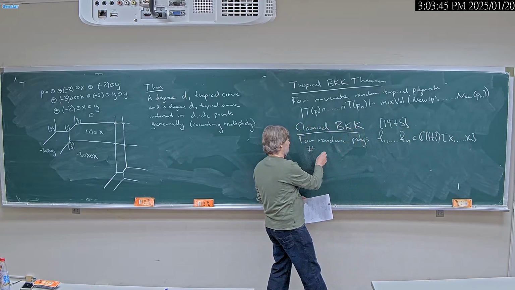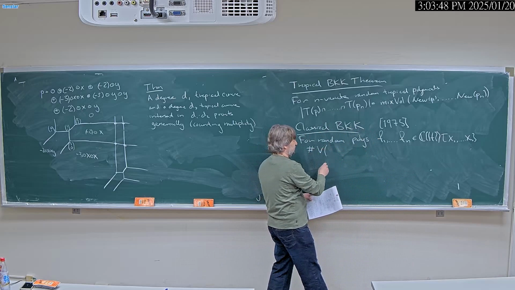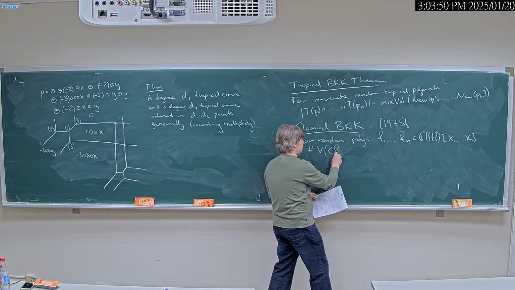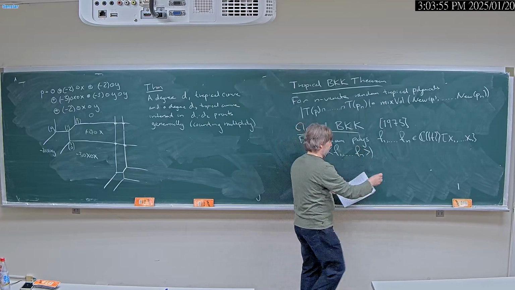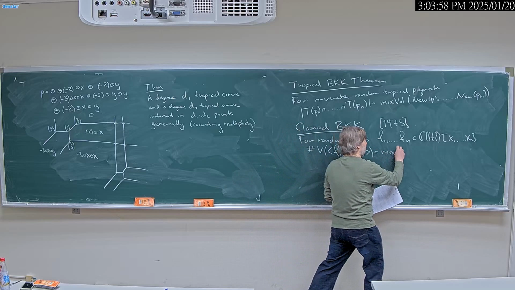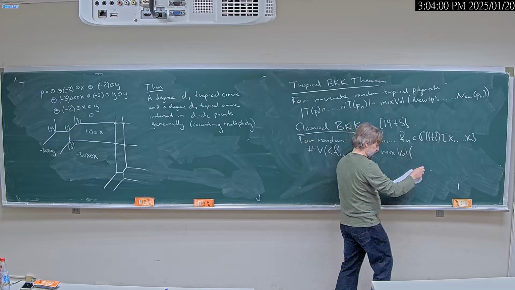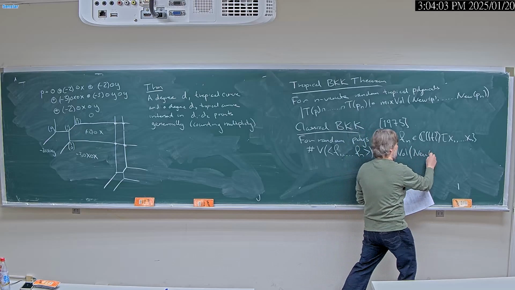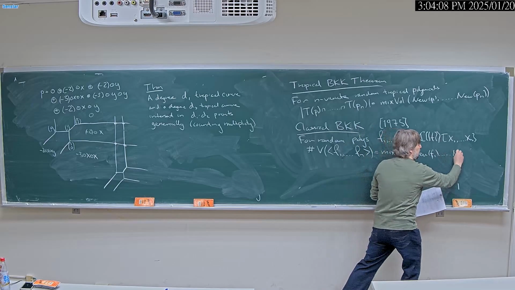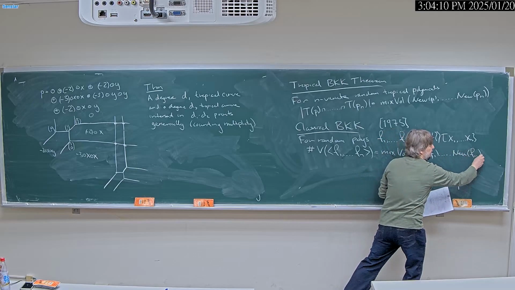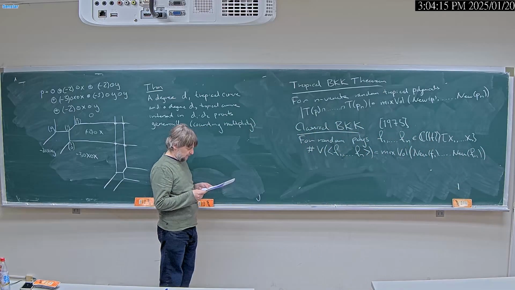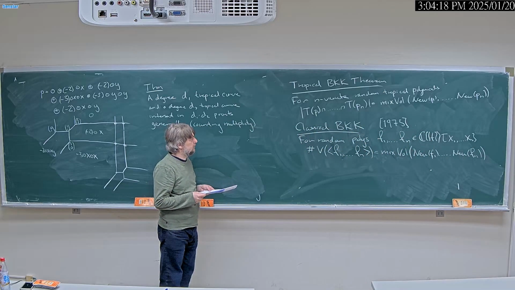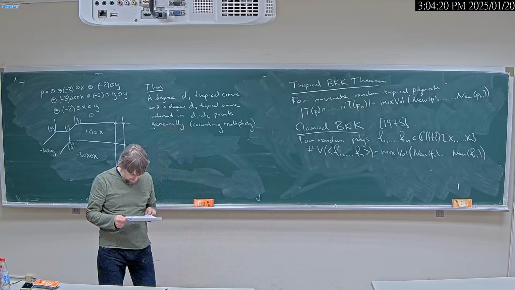Then the number of solution points, the number of common roots of f1 up to fn, is equal to the mixed volume of the Newton polytopes of f1 up to the Newton polytope of fn. So that's also a bit surprising.